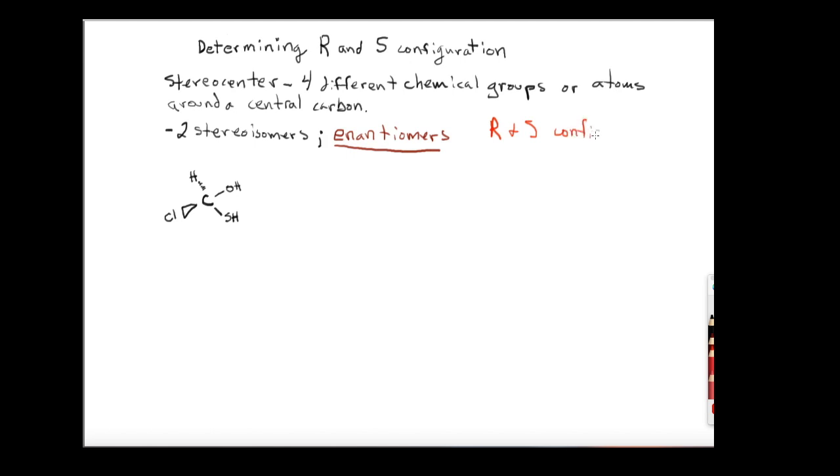The R and S configuration don't really have a chemical meaning, because they use optical spectroscopy to actually visualize the two different molecules in space.